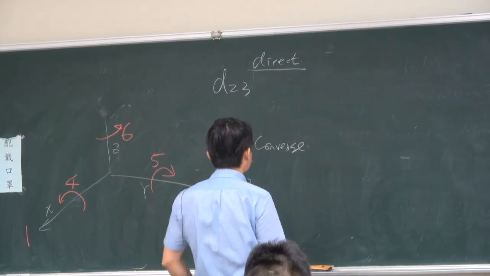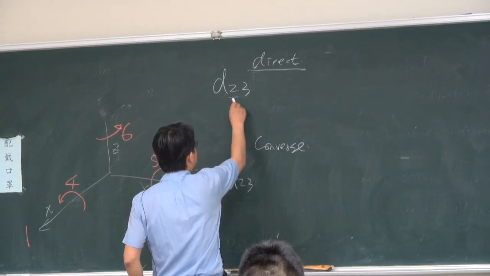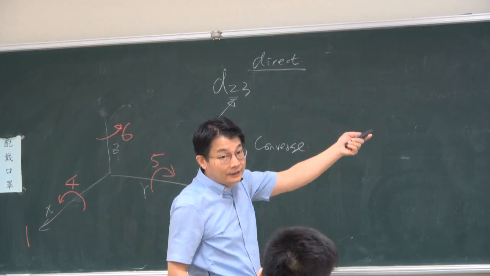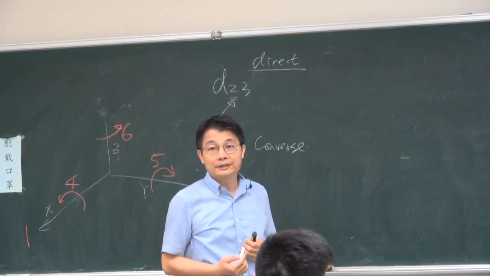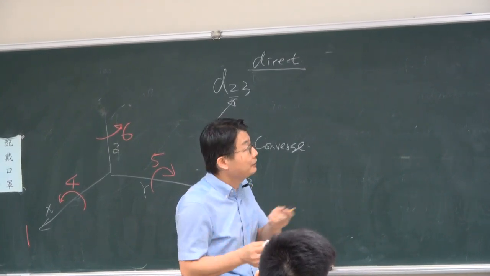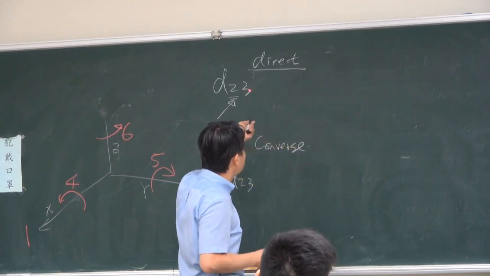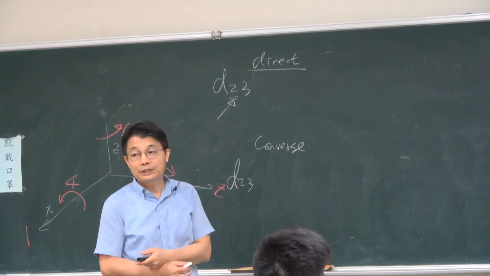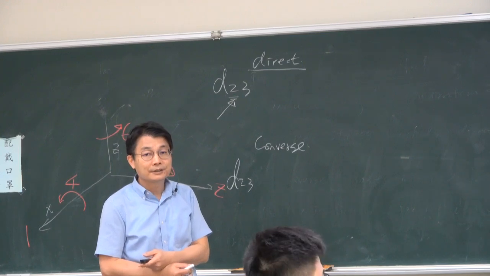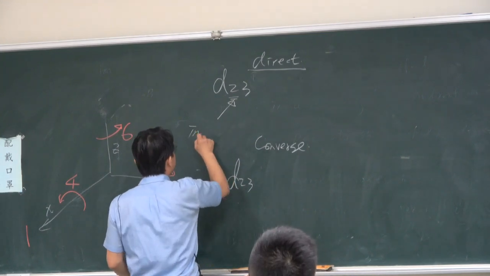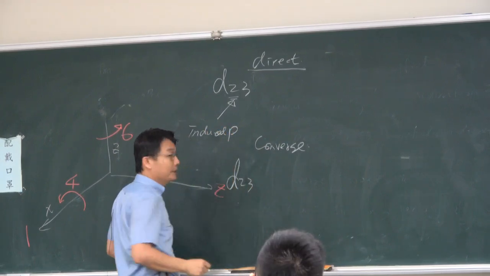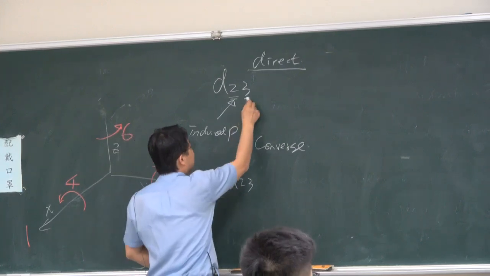D2,3 means the first subscript is polarization, induced polarization by electrical field. And this electrical field is from the 3 direction, that means the Z direction. So this is induced P.